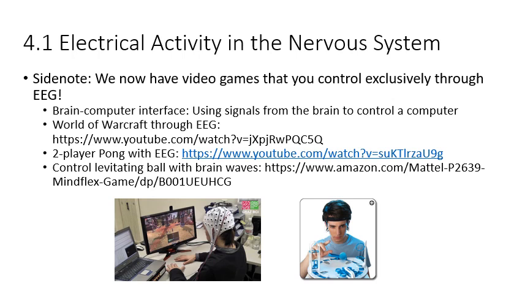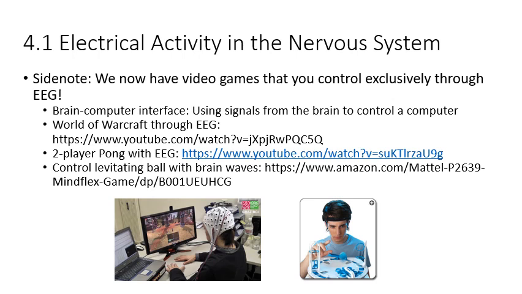And then some labs, this is not available for commercial use, but some labs, I think in Barcelona, have created a system where you can play World of Warcraft and two-player Pong and things that are a little more complex using EEG signals. And this is called brain-computer interface, when you use signals from the brain to control a computer.